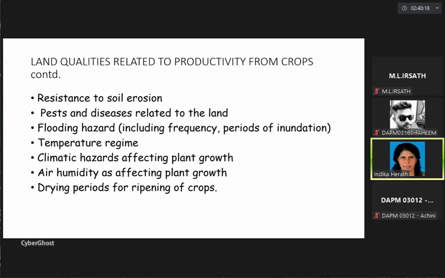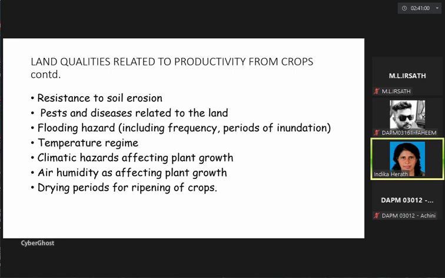Pest and disease related to the area or the land also need to be considered, especially if there is considerable investment. Certain pests and diseases prevail in particular areas, so in that case we need to be very careful in the selection of crops.